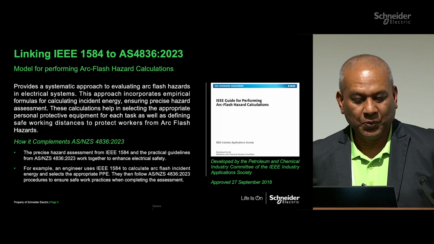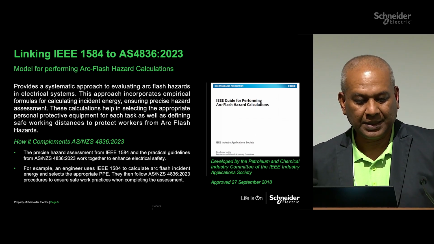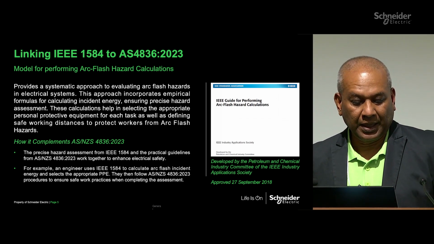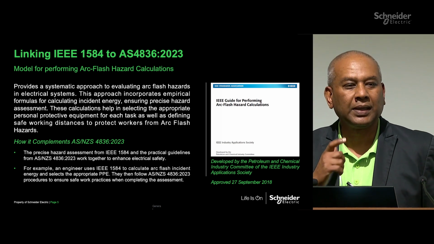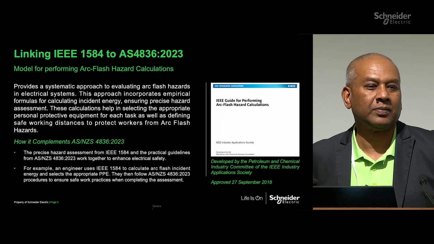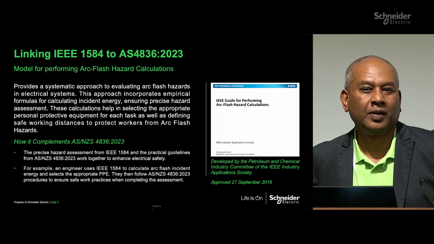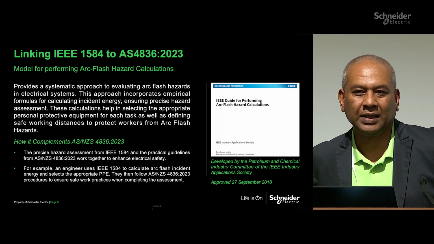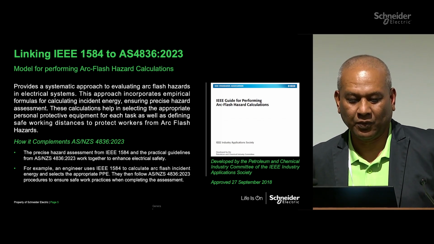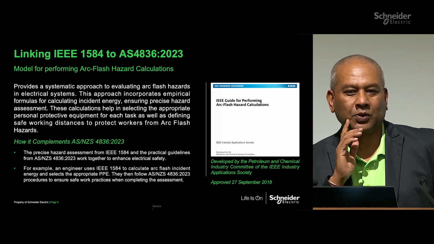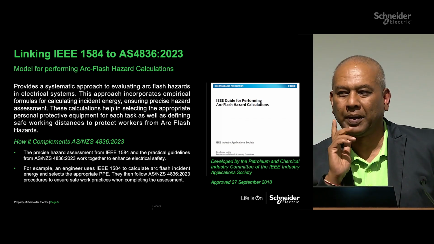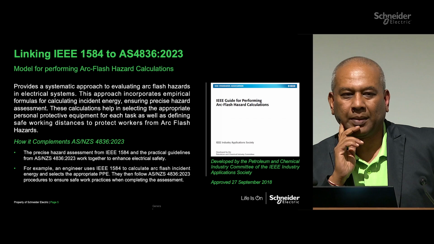Linking IEEE to the Australian standards, like I said prior, the IEEE standard is more a guide to performing the actual arc flash calculation. If you want to do it precisely, you need to follow this standard. But most of the software tools you can buy on the market today have this standard embedded in them.